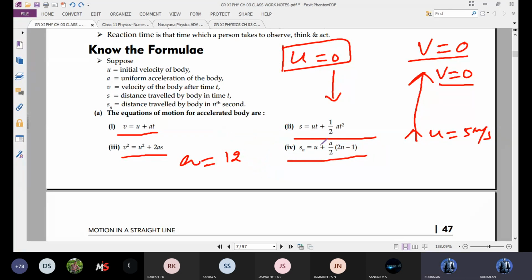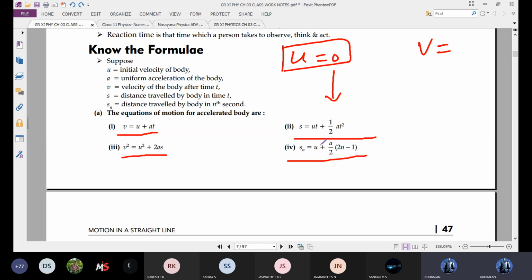So I think you got some idea about how to get good marks. Maximum students are getting very good marks, so really, I'm very happy with your performance. But some students are struggling with some areas, so try to rectify that.